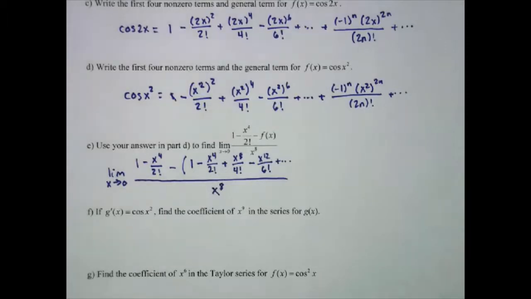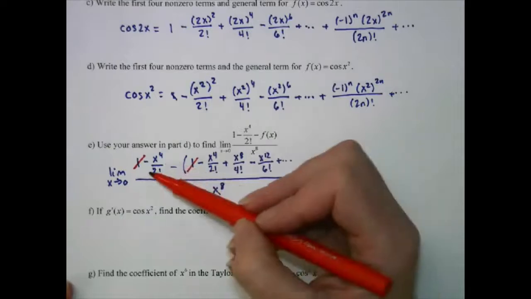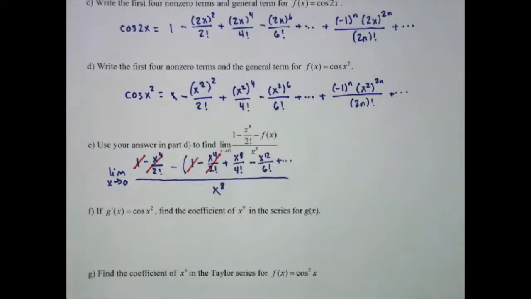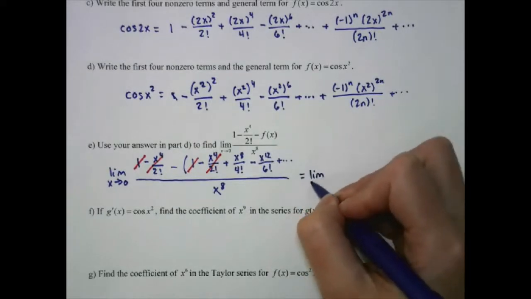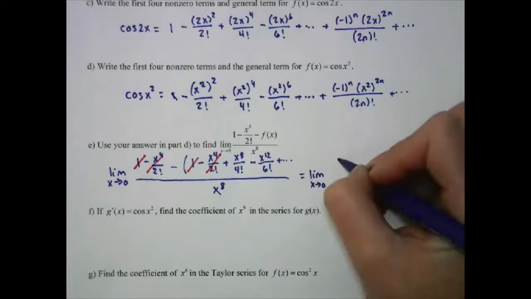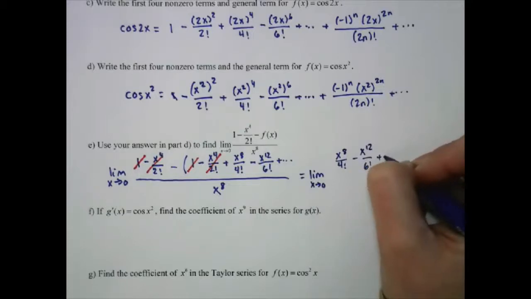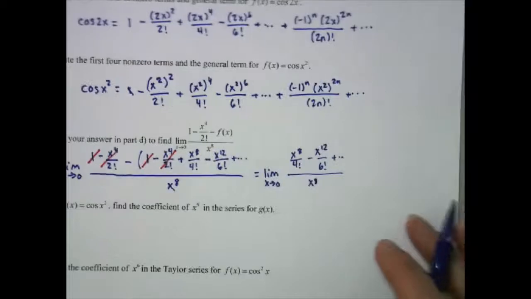All right, so what do we have here? The 1 minus 1 is going to go away, and a negative x to the 4th over 2 minus a negative x to the 4th over 2 goes away. So we have x to the 8th over 4 factorial minus x to the 12th over 6 factorial, and so on, divided by x to the 8th.